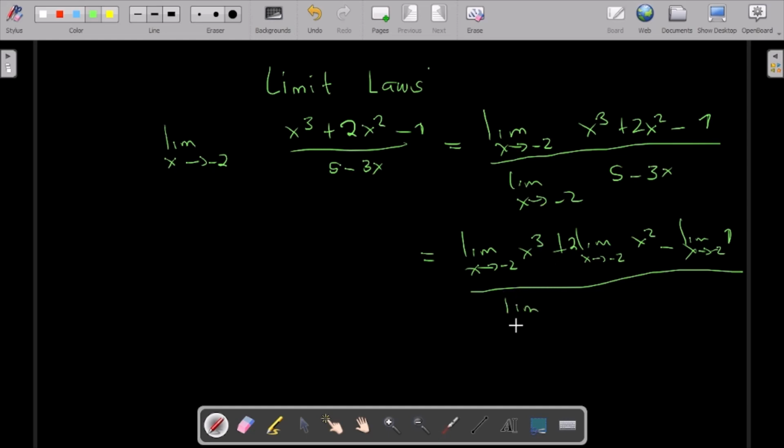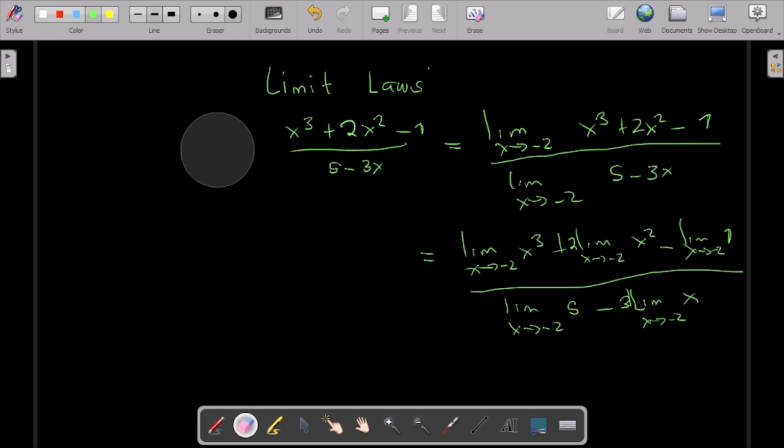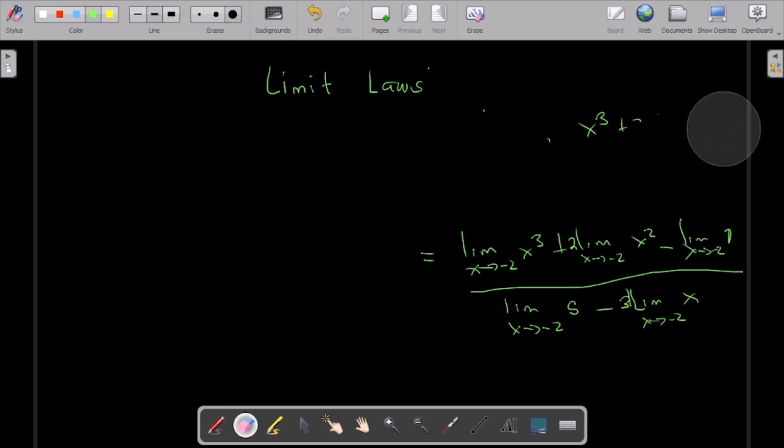So we want to take the limit here as x goes to -2 of 5 minus, of course, the 3 is also a constant, so I can bring it here. So you can always do this, and it's not a crime. So x goes to minus 2 over x. All right, so now things look a little bit messy, so I'm going to take care of the top part for you guys.